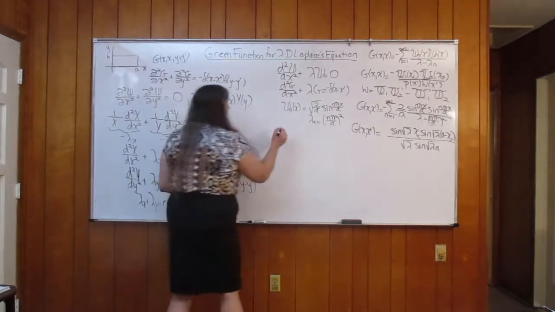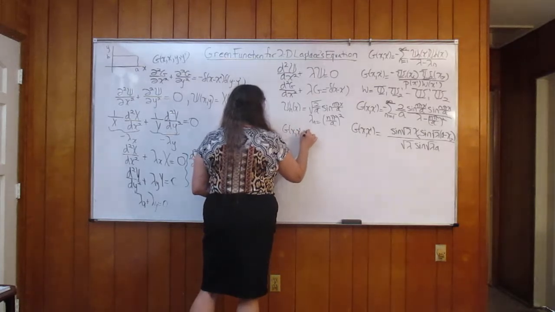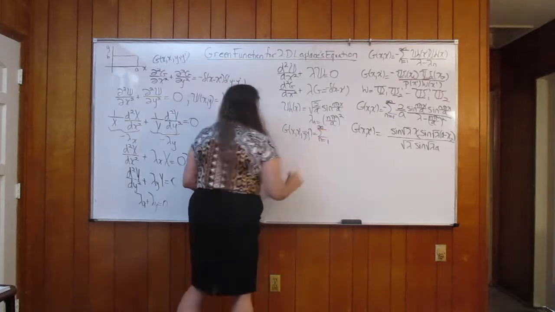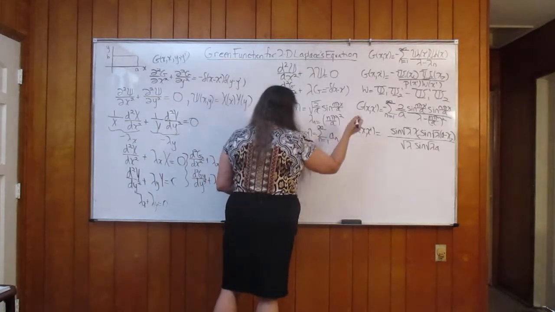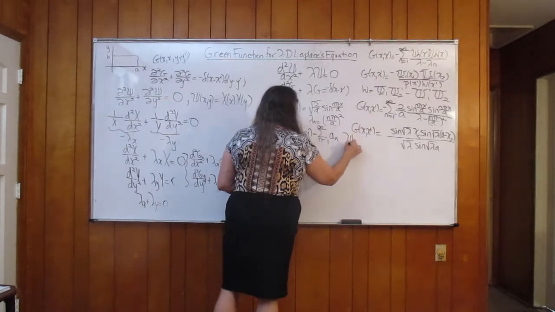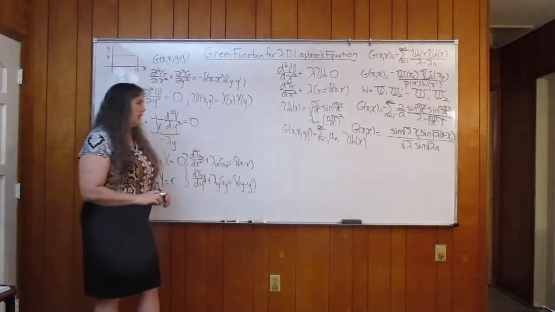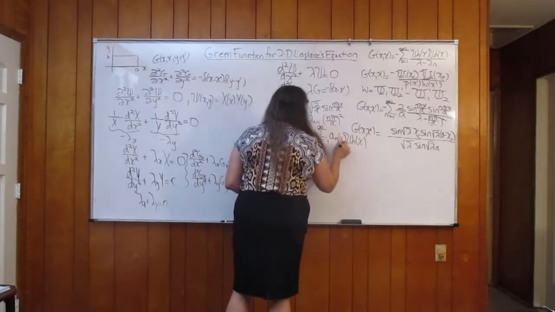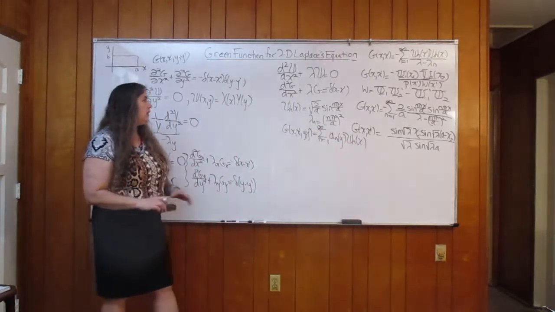So the Green's function that I write down is equal to the summation n equals 1 to infinity. We've got some coefficient times those eigenfunctions in x, but this coefficient now doesn't just have x and x prime appearing in it.